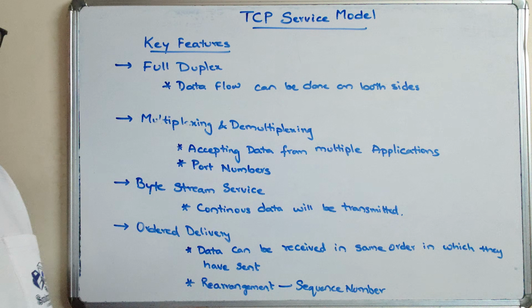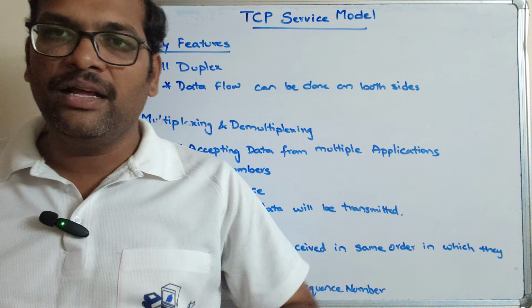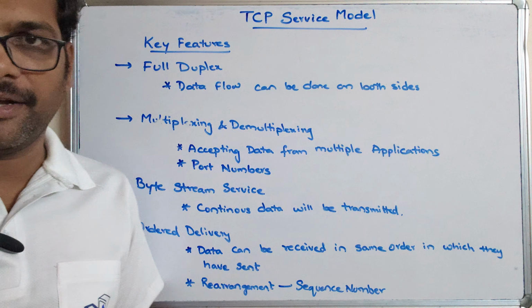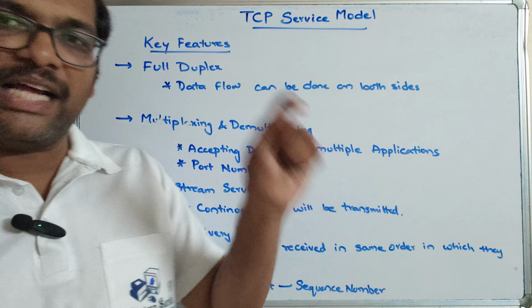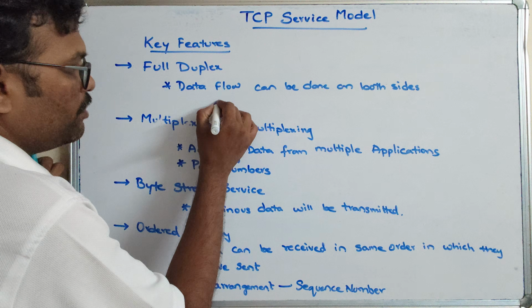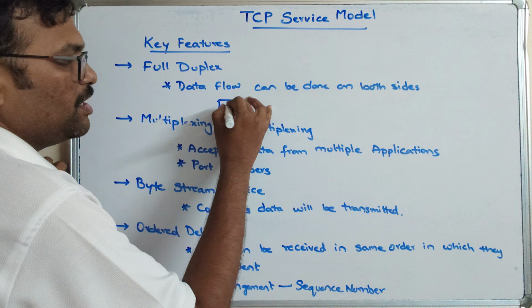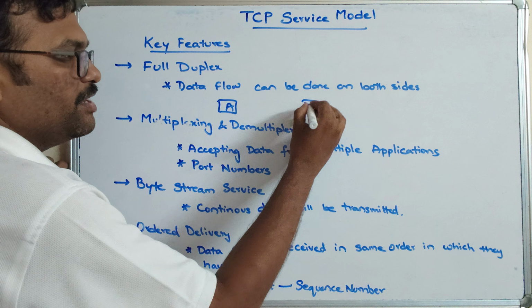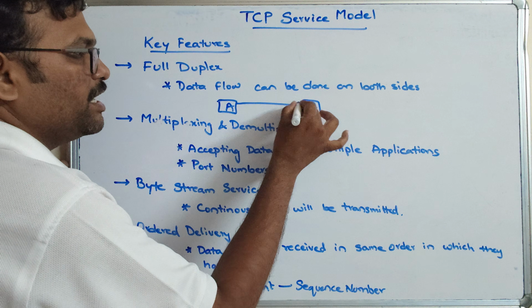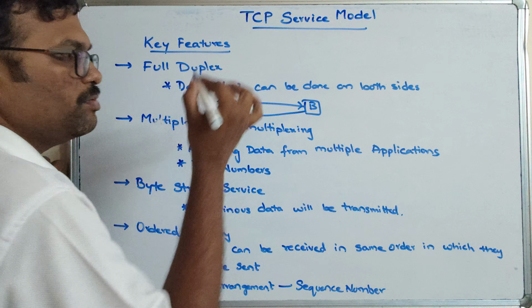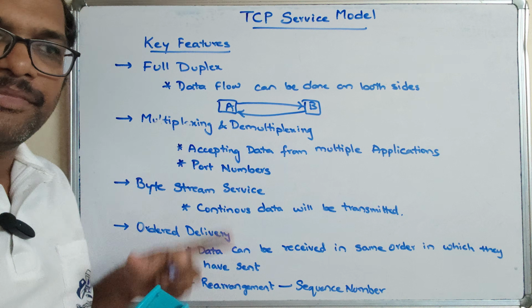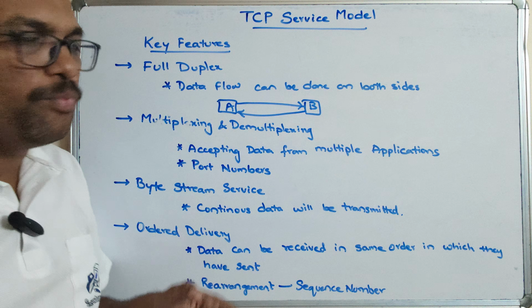The sender can send the data as well as the receiver can also send the data, sender to receiver as well as receiver to sender. So this is device A and this is device B. A can send data to B as well as B can send data to A, right?